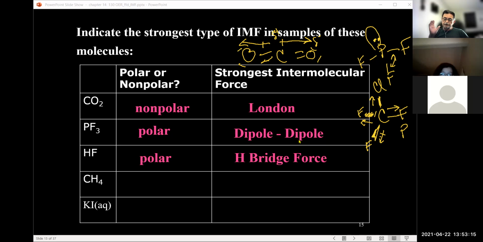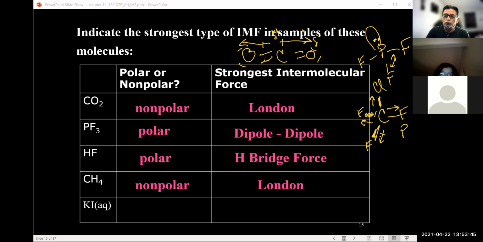Plus carbon, hydrogen give you a non-polar species. Also, if it's a polar bond and they cancel each other out, you got a polar bond, non-polar species like carbon dioxide, right? And so we have non-polar, and that's all you wrote. Once you figure out it's non-polar, there's only one force, and that is London.